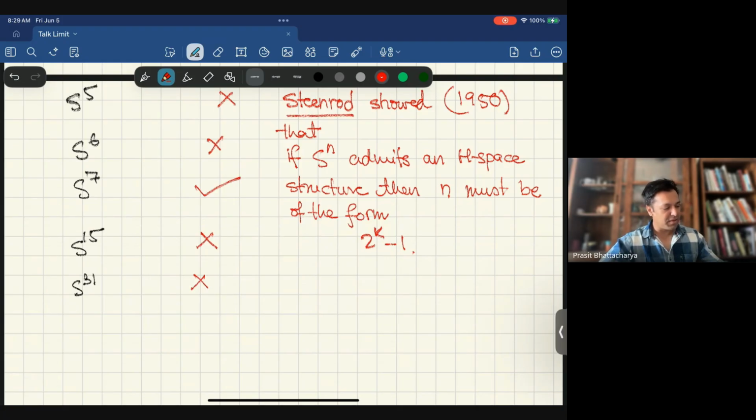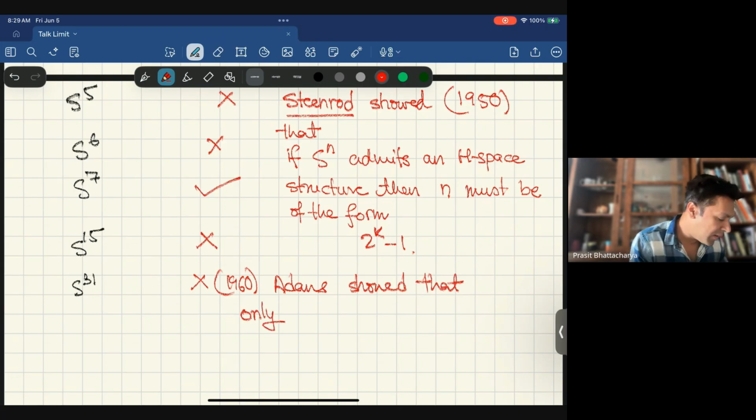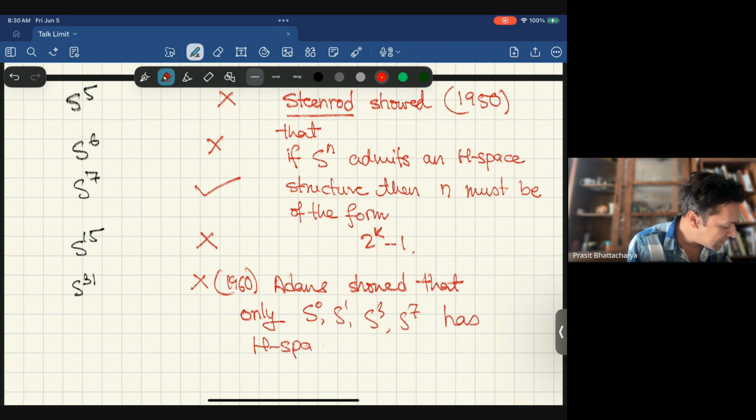So Steenrod showed this, and then Adams, in 1960 sometime, showed that only S0, S1, S3, and S7 have an H-space structure.